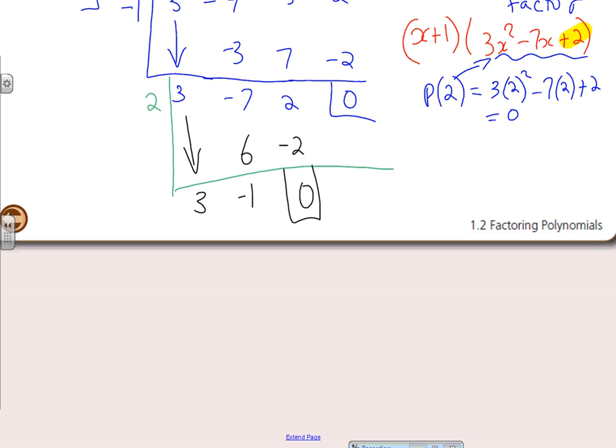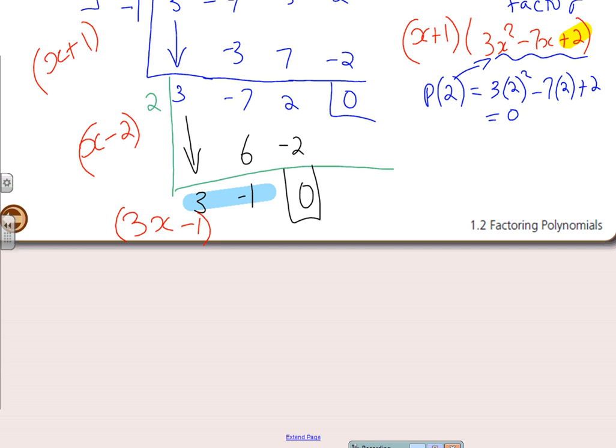This now tells us, from the first one, we had x plus 1 as a factor. The second one gives us x minus 2 as the factor. And the third one is now saying 3x minus 1 as the third factor, right from here. So those three factors work together.